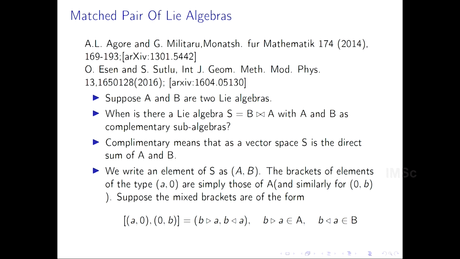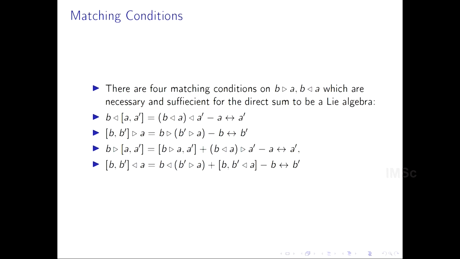Suppose I know the commutation relations in A and the commutation relations in B. What is not determined in S are the mixed brackets of A with B. The bracket of something in A with something in B can be uniquely decomposed as something in A plus something in B. Therefore, it determines a pair of quantities, B acting on A and A acting on B. And the question is, what are the conditions to be satisfied by this pair of operations? It turns out that there are four conditions that must be satisfied. They're called matching conditions.